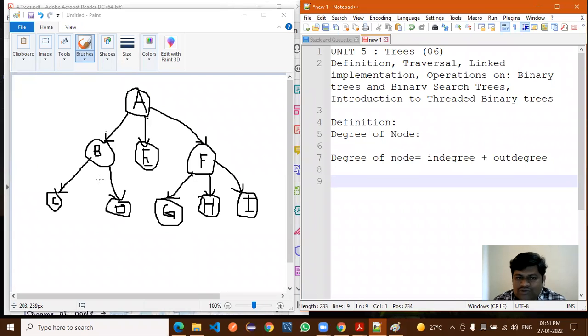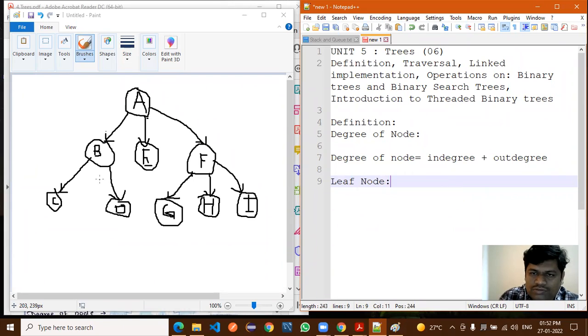So all of you have understood the concept of degree of the node. This is the basic concept. We are discussing a few basic terminologies before moving to our concept of tree. Now we'll discuss the next concept. What is meant by leaf node?